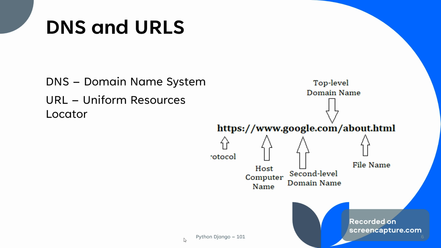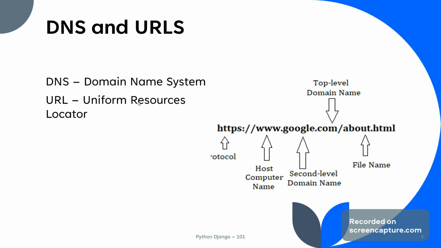DNS and URLs. The two terms are DNS, Domain Name System, and URL, Uniform Resource Locator. Basically, DNS can be compared to our phone book. In our phone book, we have a unique number for every contact name, but we cannot remember all the numbers individually.